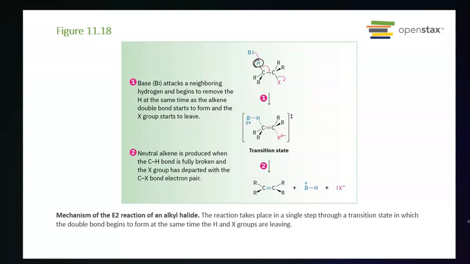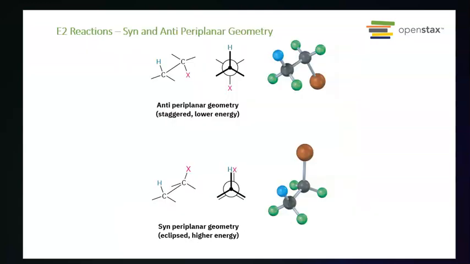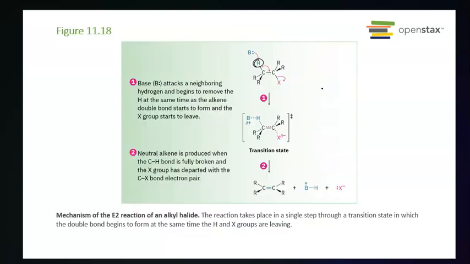So the important features of this E2 elimination are that you should have a strong base. You definitely need a strong base, and also a tertiary alkyl halide is more reactive than a secondary, which is more reactive than a primary.